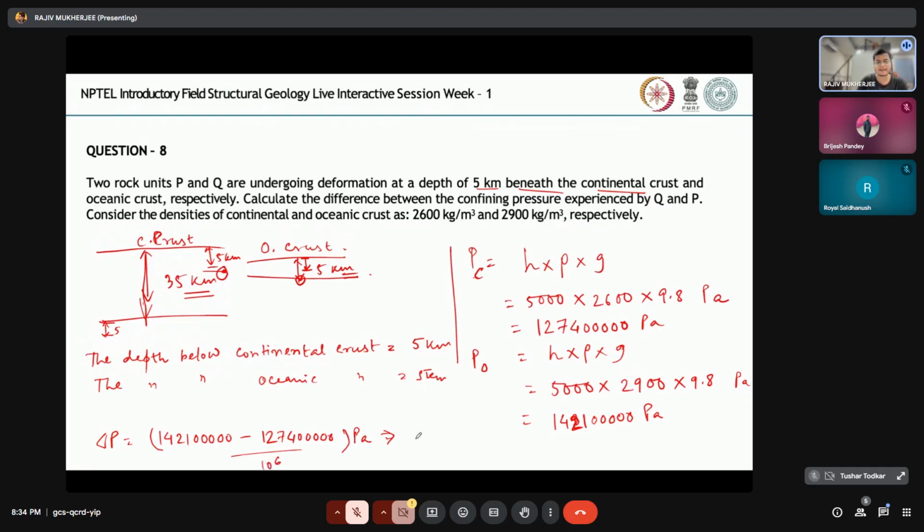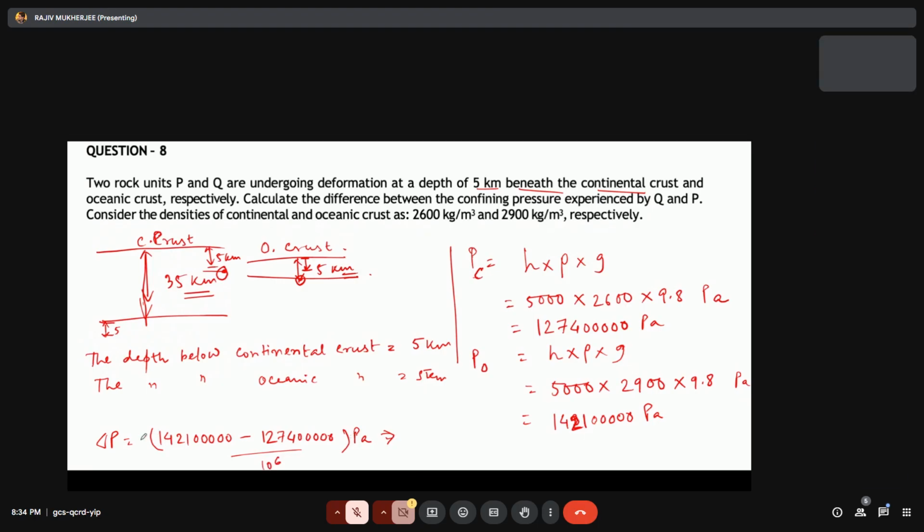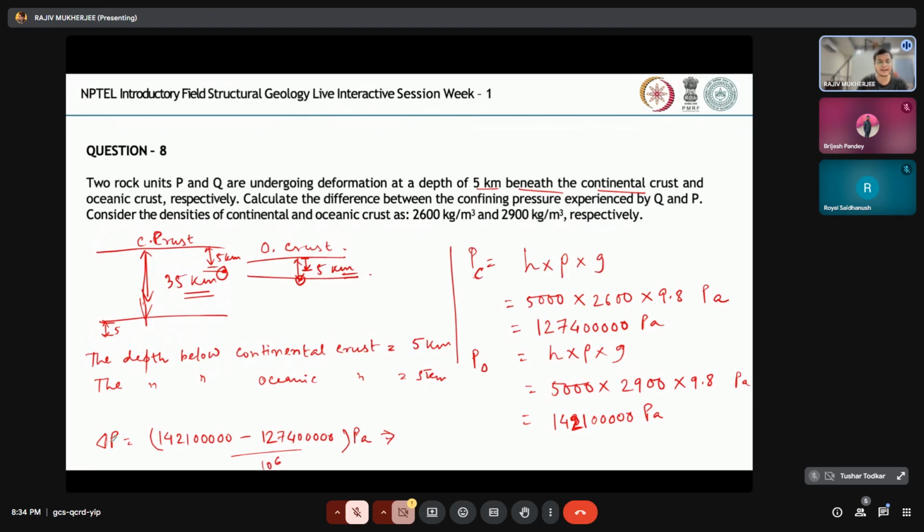If you divide the subtracted value by 10 to the power 6, you get the difference in the confining pressure generated at these depths: 14.7 megapascal, right? Okay. Yes. So this is the answer.